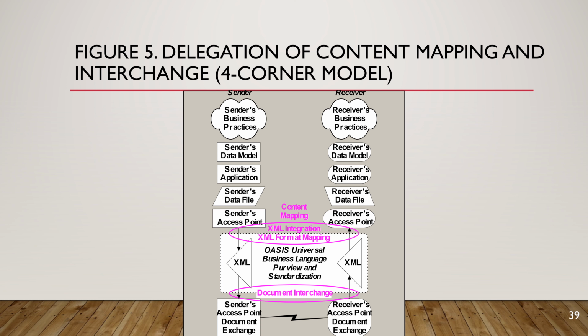It's worth mentioning here that it doesn't have to be a single universal format. The sender's access point and the receiver's access point just have to agree on some sort of common denominator. So if both the sender and the receiver are using bare credentials, they can use bare credentials. If one's using bare credentials and one's using verifiable credentials, then it's the responsibility of the sender's access point to transform its bare credential into a verifiable credential.